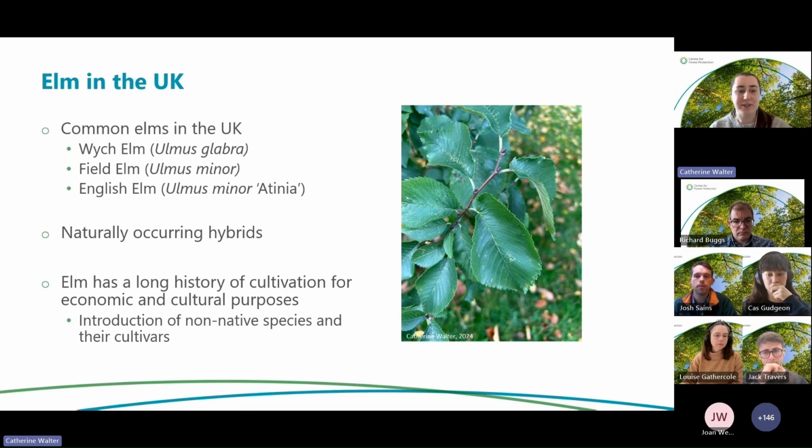So we also have hybrids between these species. Elm has a long history of being cultivated, leading to the development of many cultivars. And due to their use as ornamental trees, lots of non-native species and their cultivars have also been planted in the country.